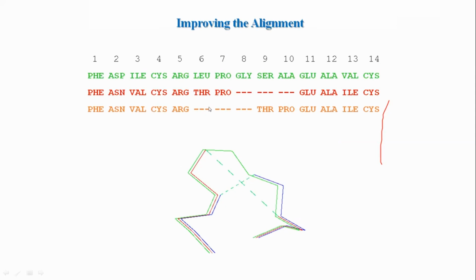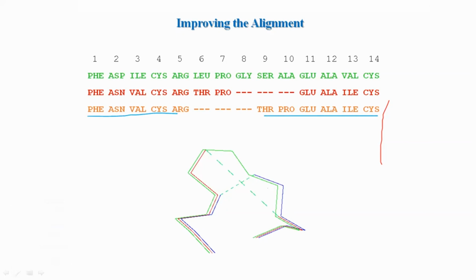Red, we are increasing the matching to this one. Here, the introduction of gaps is making the sequence structure as in this blue, the bottom one. So this is represented here in blue color.